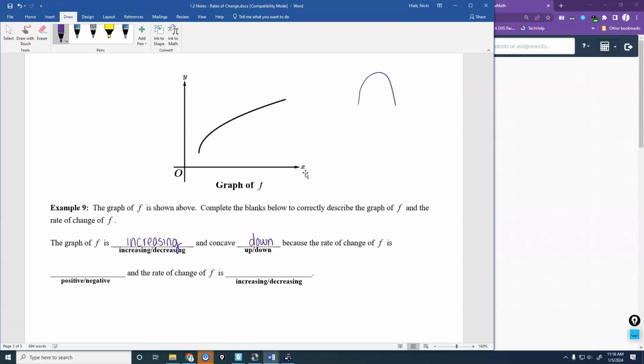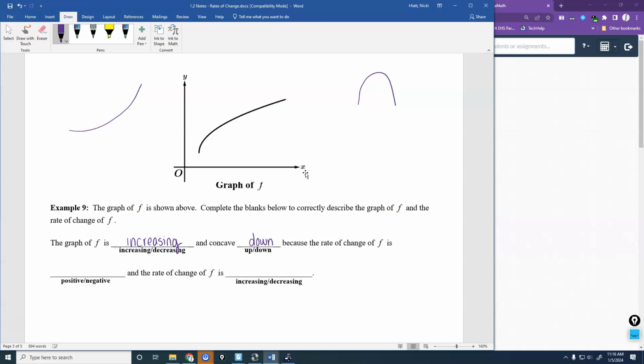And sometimes it's so confusing because it's hard to know whether you're talking about what you're looking at or the rate of change of what you're looking at. So this first line is asking us just about what we're looking at. This graph is increasing and it's kind of curved down. So we're just thinking, is this curved down or curved up? If it was curved up, it might look more like this right here. And this one is kind of curved down.